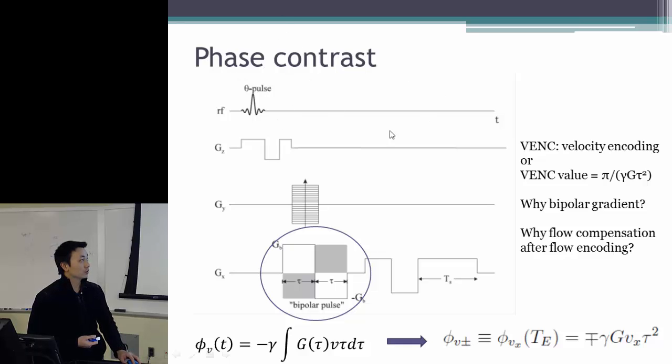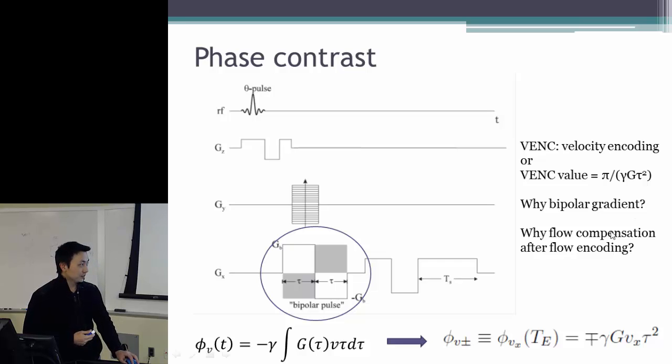So to do the phase contrast, if we remember from the last section that we talked about flow compensation, if there is a gradient along the flowing direction, the flow itself will develop an additional phase, right?